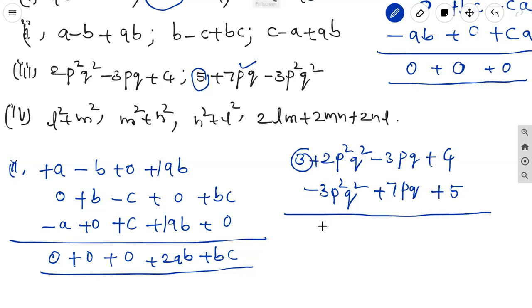Plus 2 minus 3, minus. Coefficients are as they are. The variables stay as they are, but we add and subtract only the coefficients. Plus 2 minus 3, that is minus 1. Plus 3 plus 7 minus 3, that is plus 4. The variables are the same, PQ. 4 plus 5, it's 9. So the answer is minus P square Q square plus 4PQ plus 9. Okay. The fourth one.